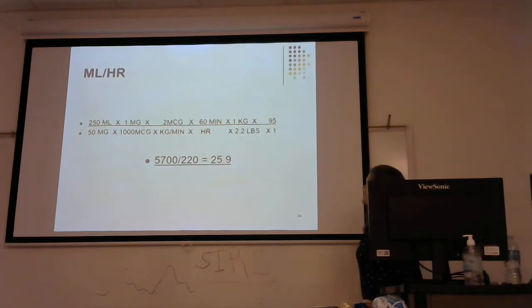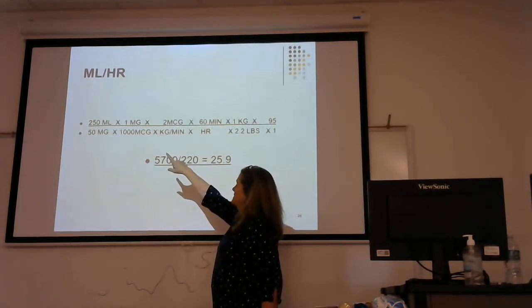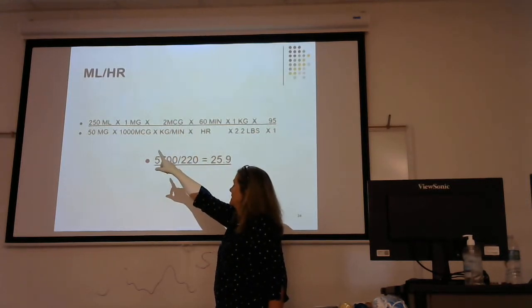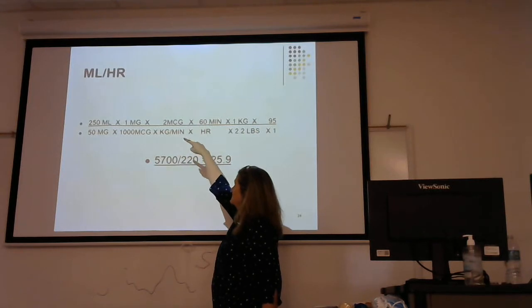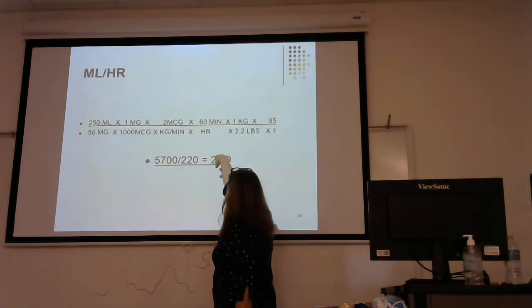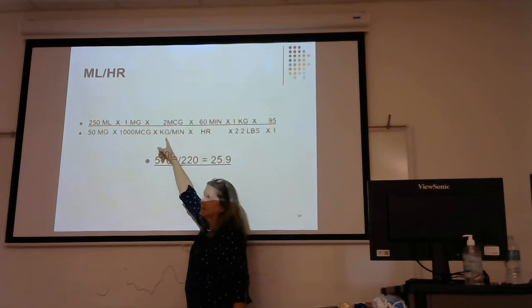Okay, so this is how you set it up. I got 250 milliliters, if I'm looking for milliliters per hour. 250 mLs in 50 milligrams, then I have to make a conversion. 1 milligram is 1,000 mics. 2 mics per kilogram per minute. I got rid of my minutes first because I needed hours, but I still have kilograms in here.